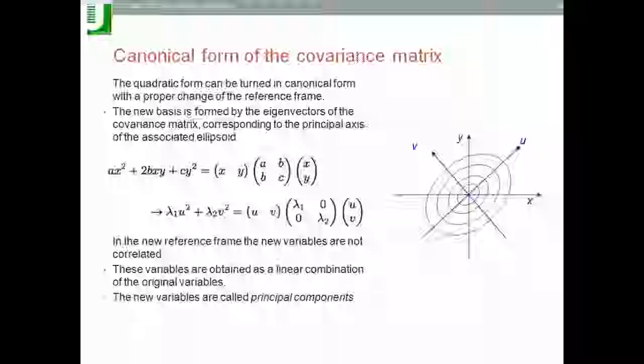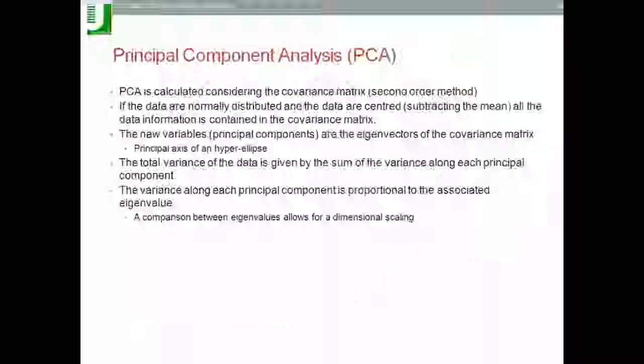This is a very simple geometrical operation, and we know that these directions are the eigenvectors of the covariance matrix generating the quadratic form, and the extension of the ellipses along these directions is described by the eigenvalues of the covariance matrix.